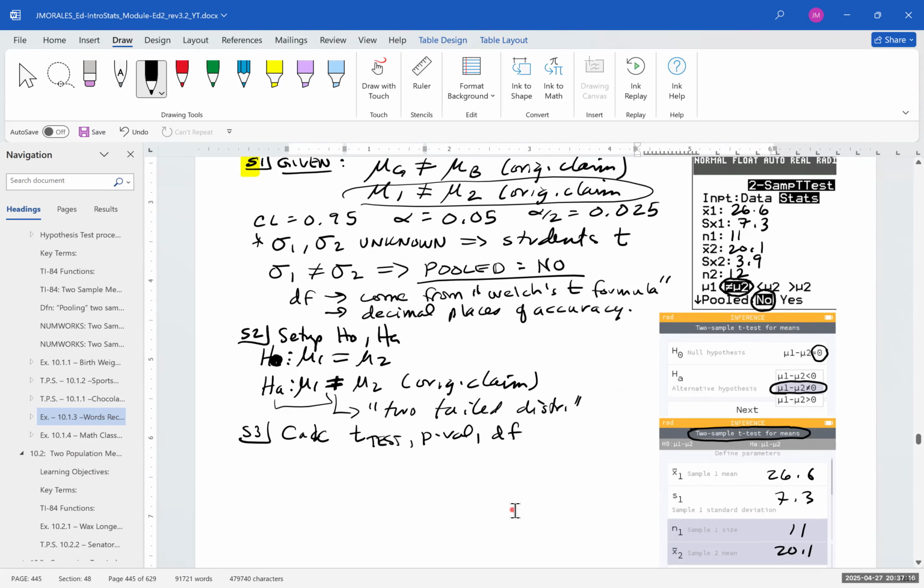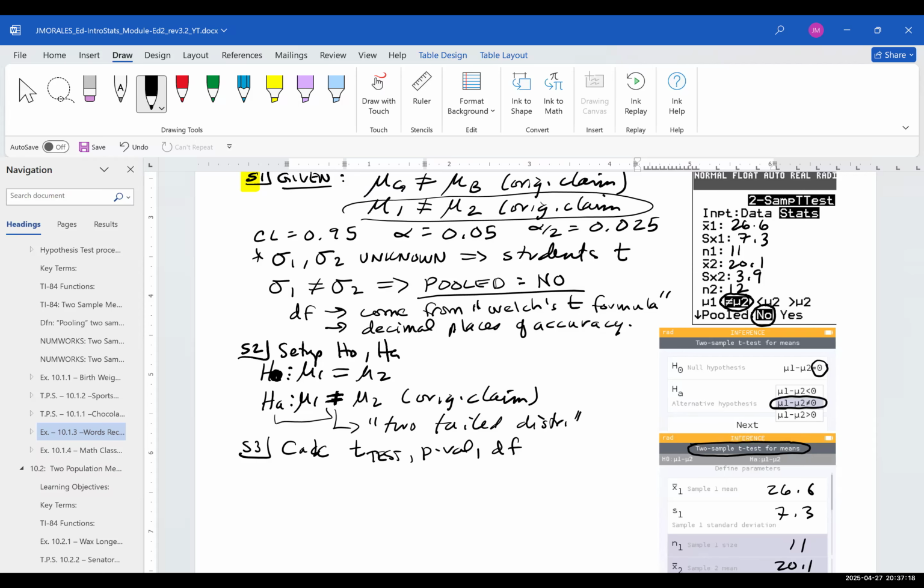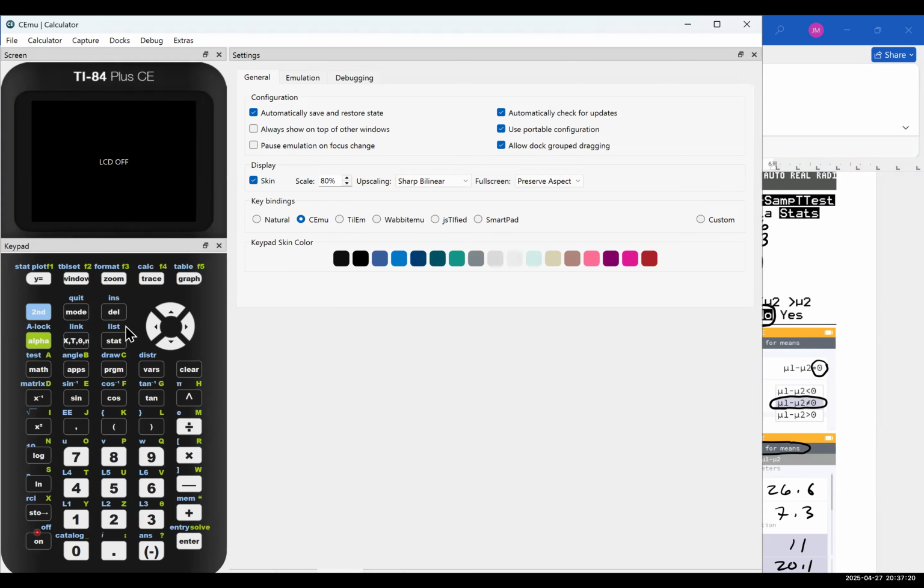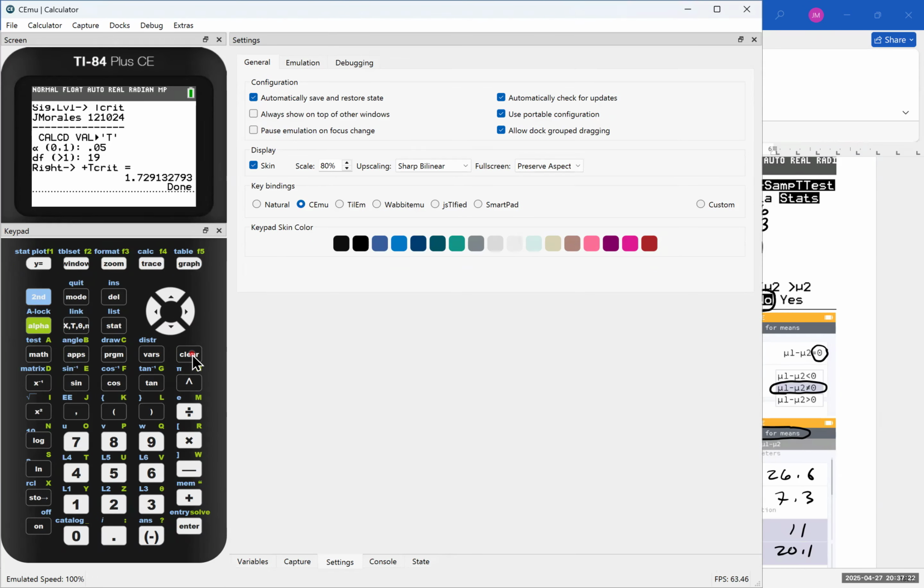All right, so let's go ahead and put that information in. Clear this out. All right, stat, tests, 2-sample t-test.